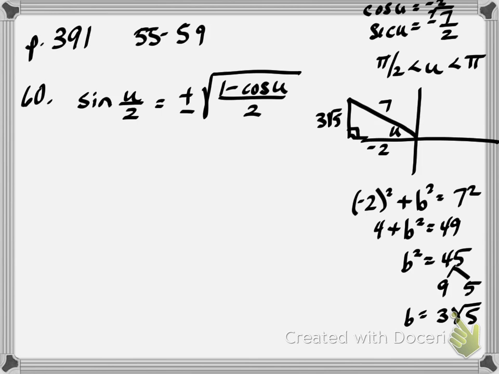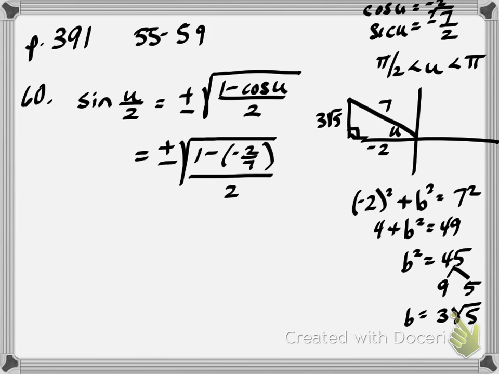So sine of u over 2 is plus or minus. We just work with the right side on these. 1 minus cosine u is, oh, for this one that I chose, we don't even need the opposite side. Cosine is negative 2/7 over 2. Put that 1 over 1. So that's plus or minus 7/7 plus 2/7.